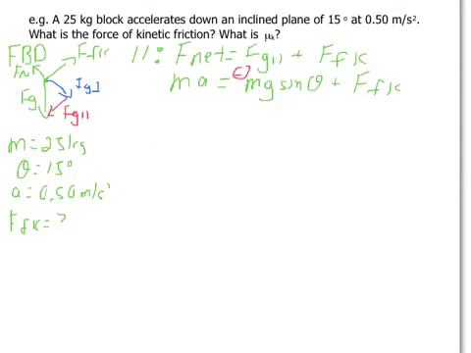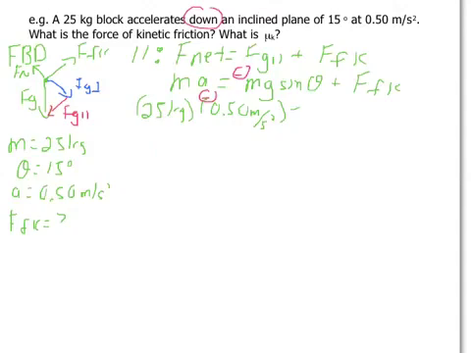Further substitution, 25 kilograms for mass. Acceleration is 0.50 meters per second squared. We're substituting numbers again, so let's check the signs. Acceleration, we're told, is accelerating down, so therefore this should be negative as well.